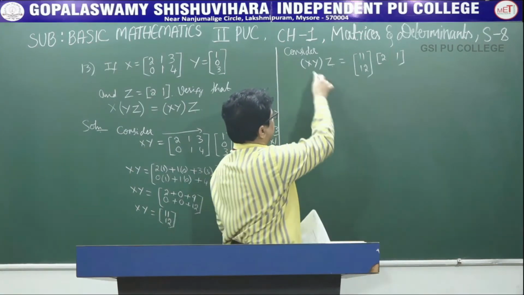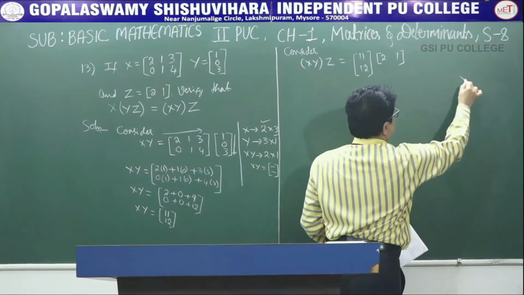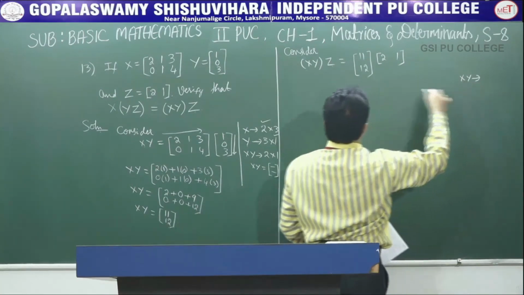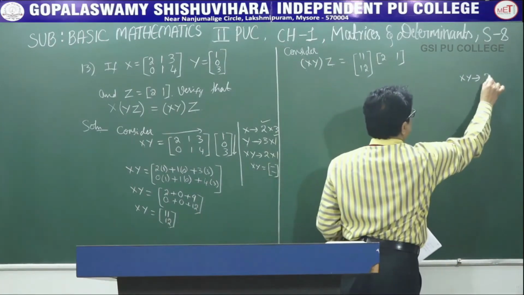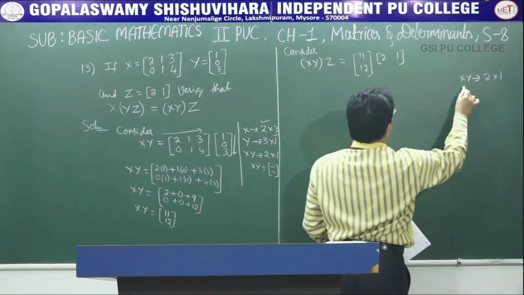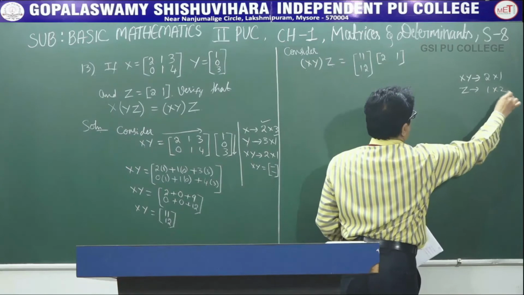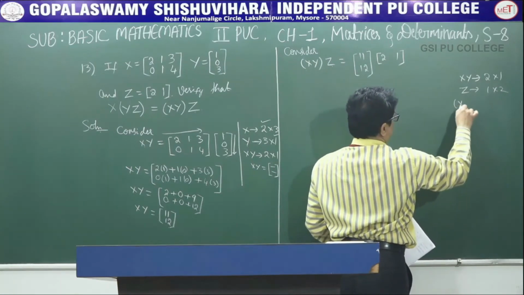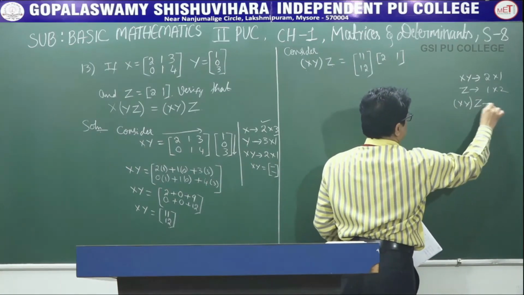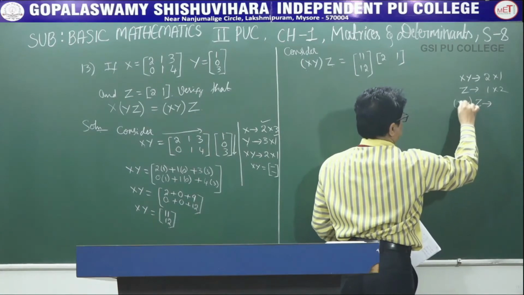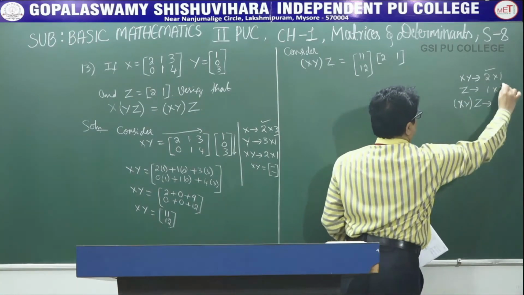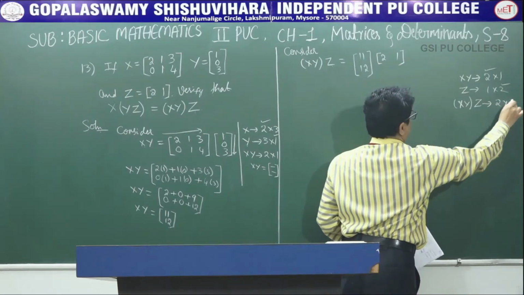So here XY matrix will be of the order 2 into 1 and Z matrix will be of the order 1 into 2. So the product matrix XY into Z will be of the order 2 into 2.